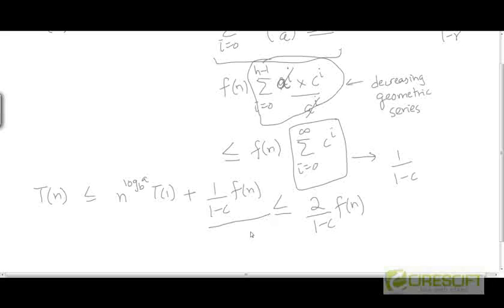We can prove this by taking this term on the right hand side. So this will be 2 by 1 minus c minus 1 by 1 minus c times f of n, which will be 1 by 1 minus c times f of n. And this is greater than or equal to this term, which should be easy to prove since f of n is polynomially larger than n to the power log of a base b.